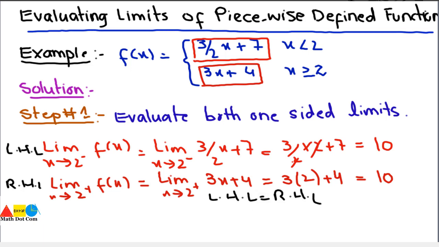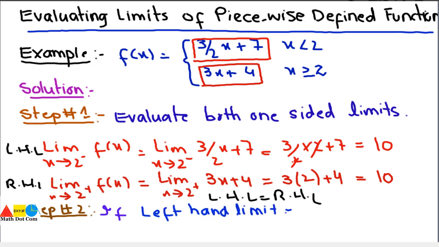Now what is step 2? Step number 2 is if left hand limit is equal to right hand limit, it means the limit exists. And what does that mean? That means that we can easily evaluate the limit of the given function. So what will it be?